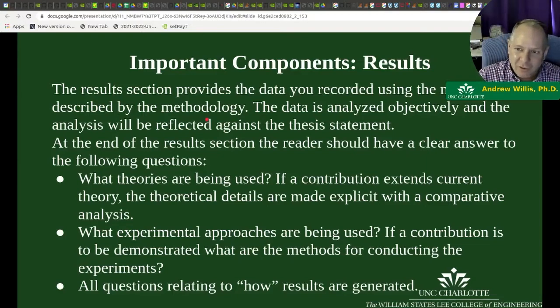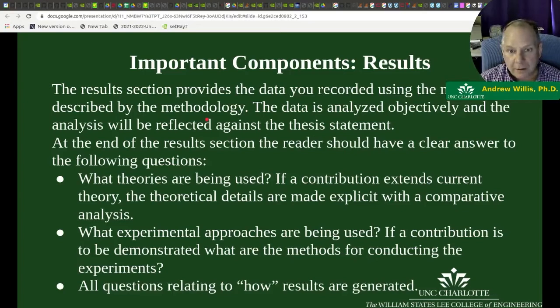All right, and so if your contribution extends current theory, you provide the theoretical details in your methodology about how you're changing it, but then you're seeing the impact of that change. How does the data support or maybe refute the models that you laid out in the methodology?